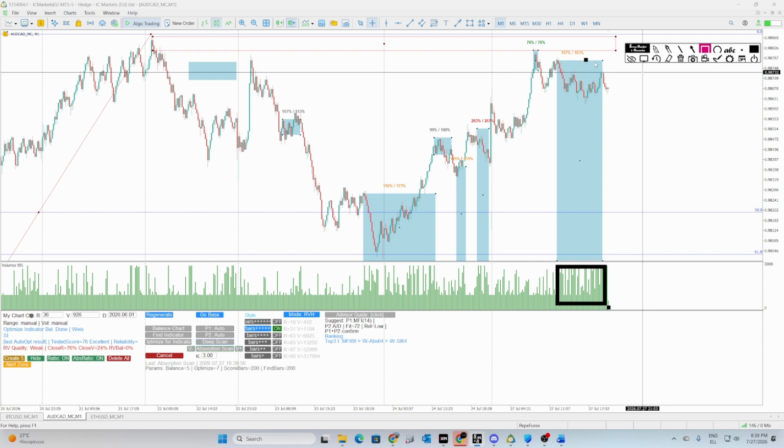And look, I draw the rectangle, and I can even go further, and you see how big the volume ratio is? 57% higher than the previous move. The previous move was from here to here, so from the previous rectangle to here.